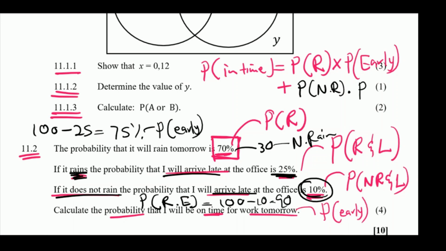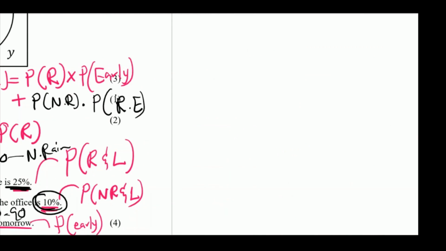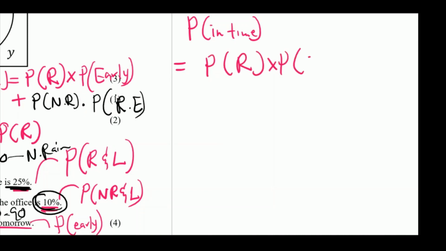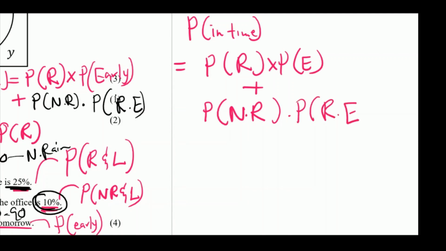So let me present everything correctly here. If I present this probability nicely, the probability that you'll be on time is equal to the probability that it will rain multiplied by the probability that I'll be early, plus the probability that it will not rain multiplied by the probability that I'll be early.